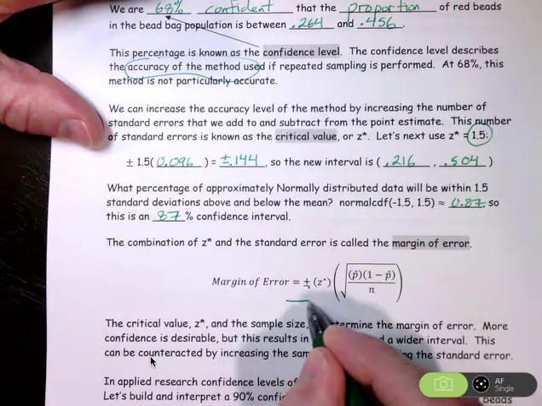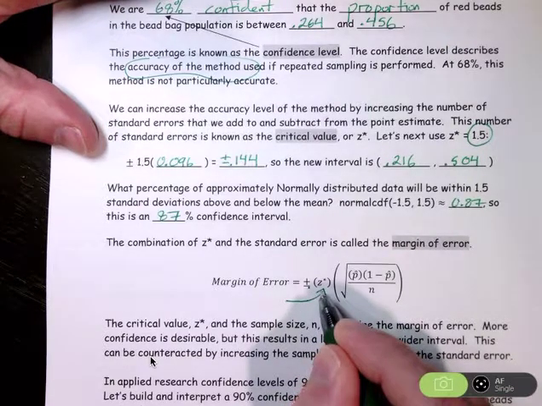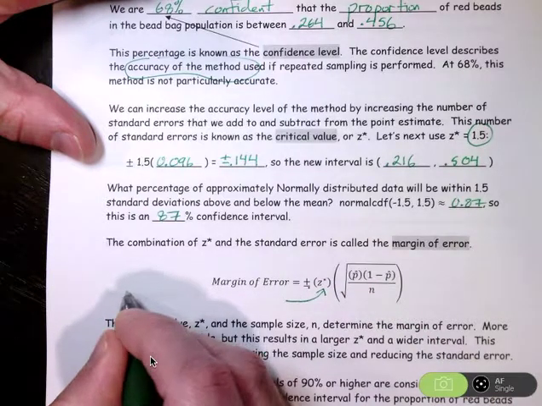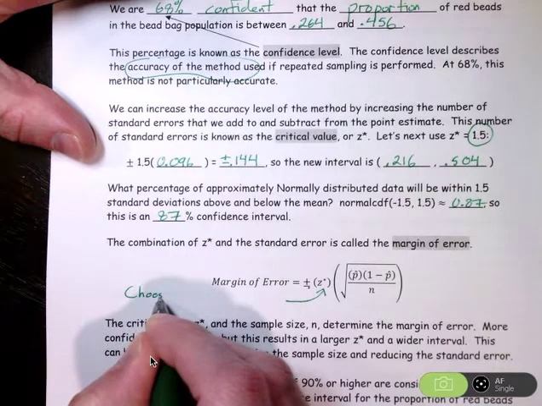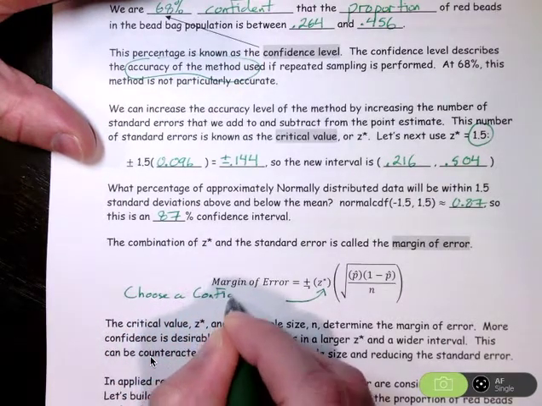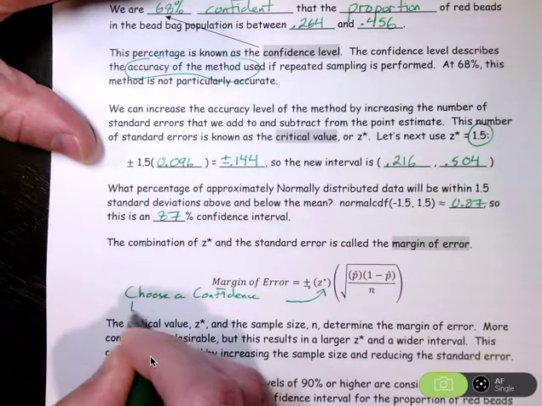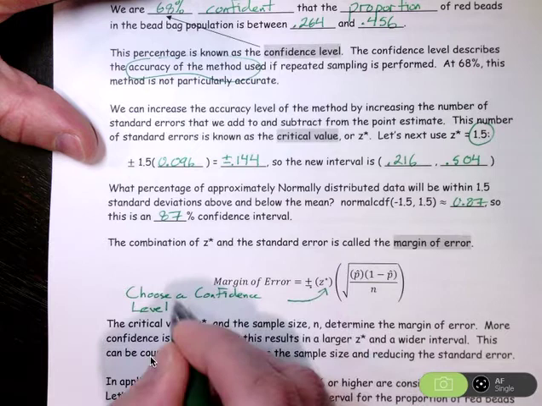And we get to choose that Z star depending on the level of confidence that we want for our confidence interval. So we can choose a confidence level, and that will determine Z star.